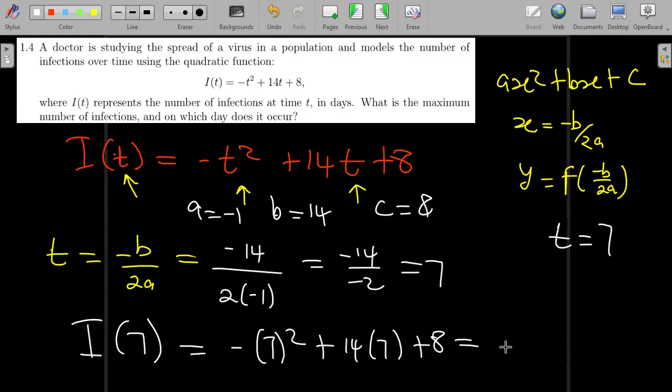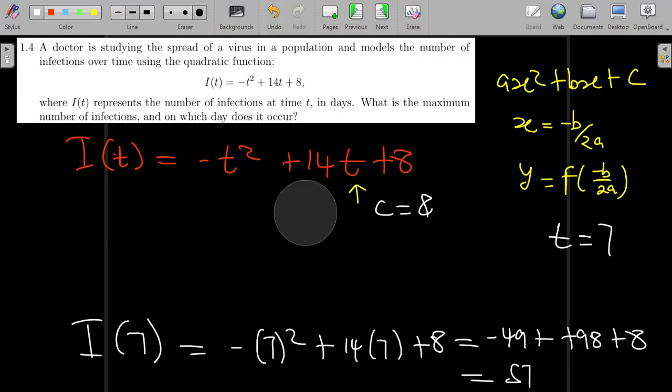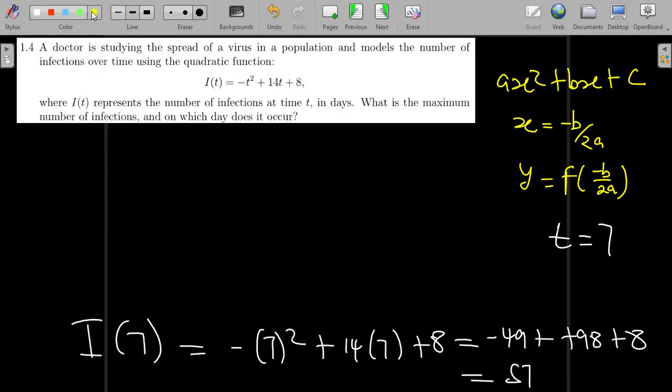You can use your calculator there. 7 multiplied by 7 gives minus 49, plus 14 multiplied by 7 is plus 98, plus 8. So you say 98 minus 49, then plus 8, and I'm going to get 57. So it's acting like the y-coordinate of the turning point, which indicates the maximum.